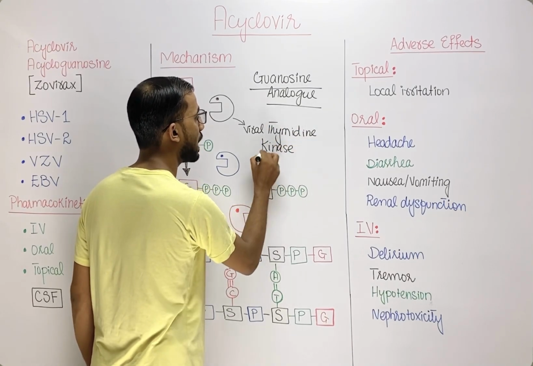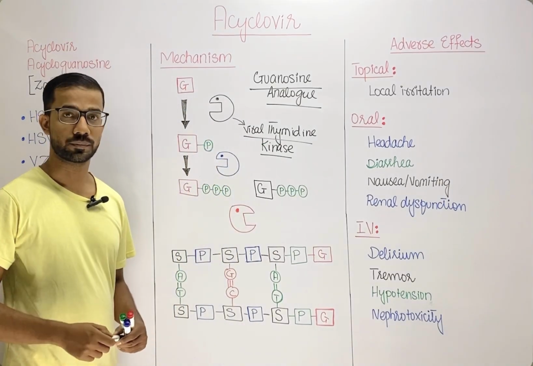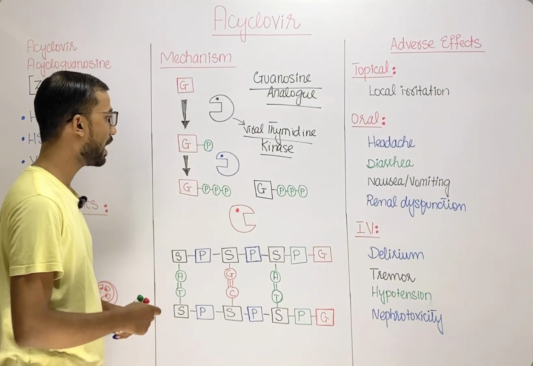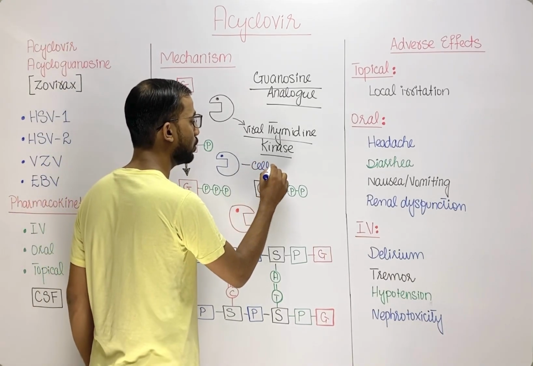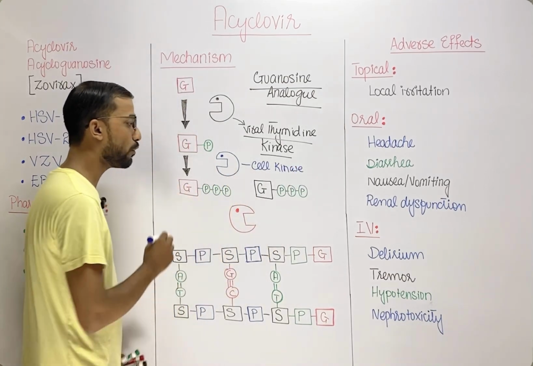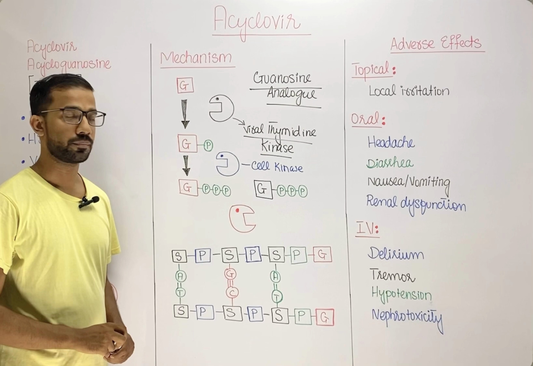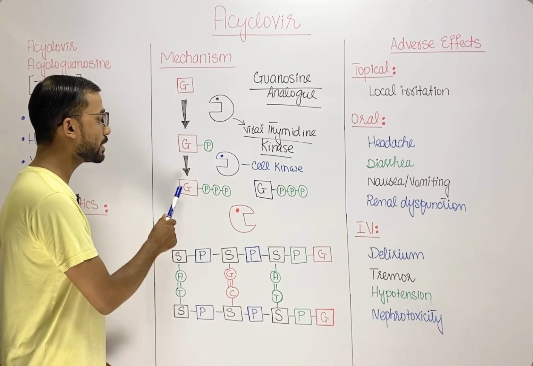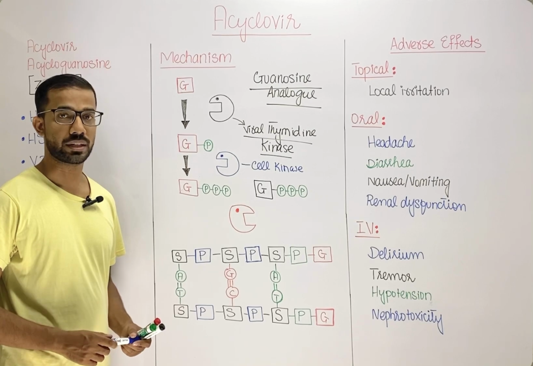This enzyme adds the phosphate group to the drug acyclovir, and after that another enzyme, that is the cellular kinase, adds 2 phosphate groups to the acyclovir. Now in that case you will see the acyclo-guanosine triphosphate.